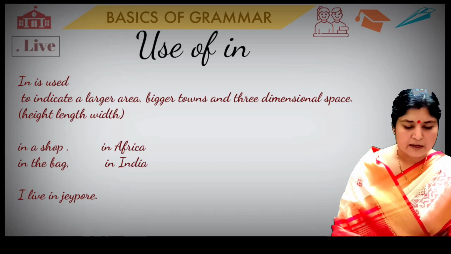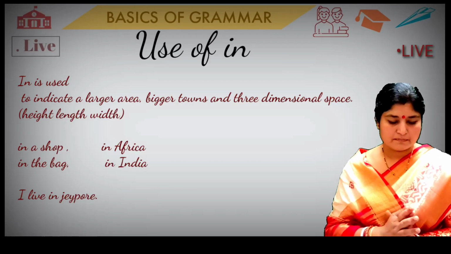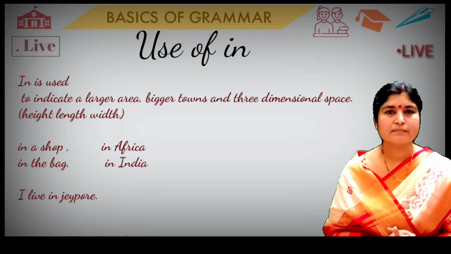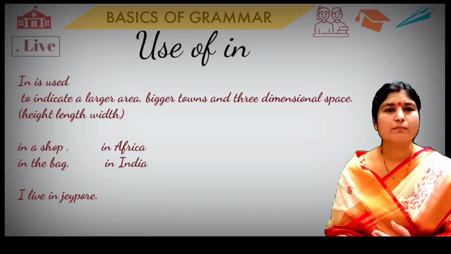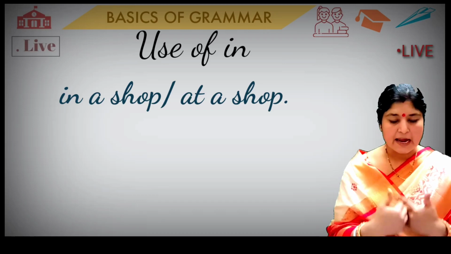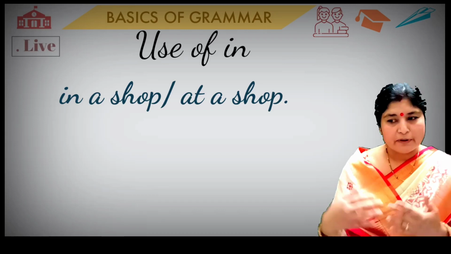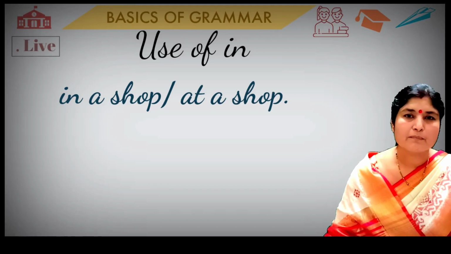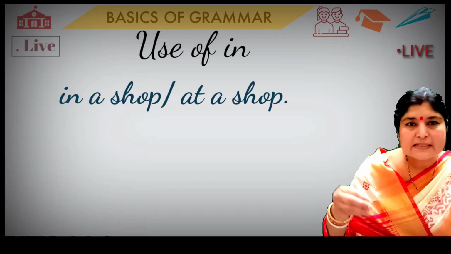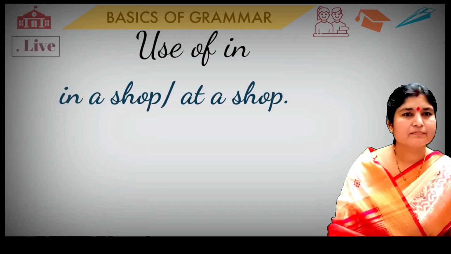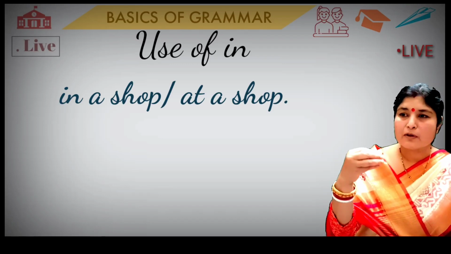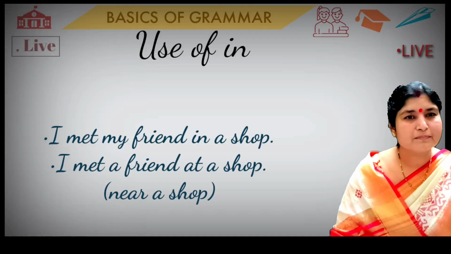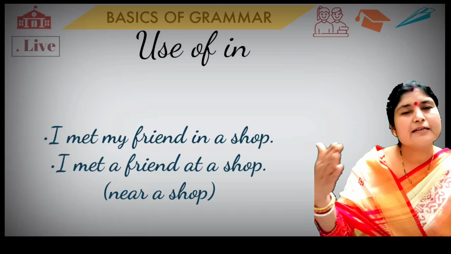For example, we will see the difference here. In a shop, at a shop. What is the difference between these? I met my friend in a shop. I met my friend at a shop. Whenever we say I met my friend in a shop, it means you are inside the shop. But when you say I met my friend at a shop, it means near the shop.